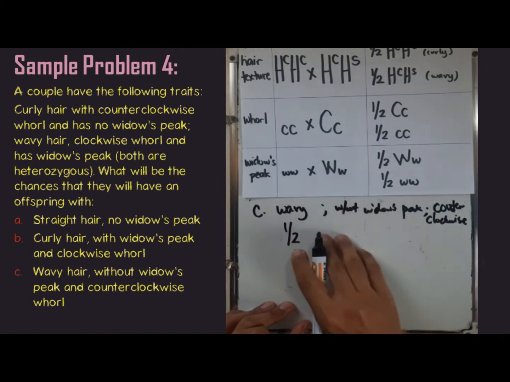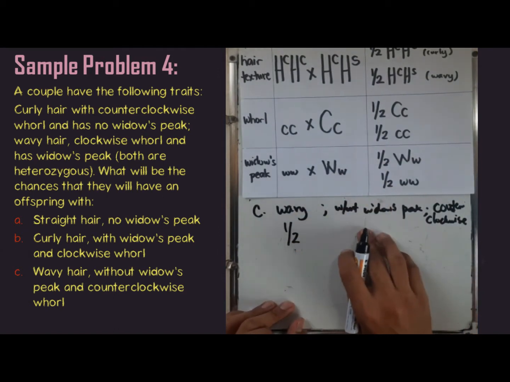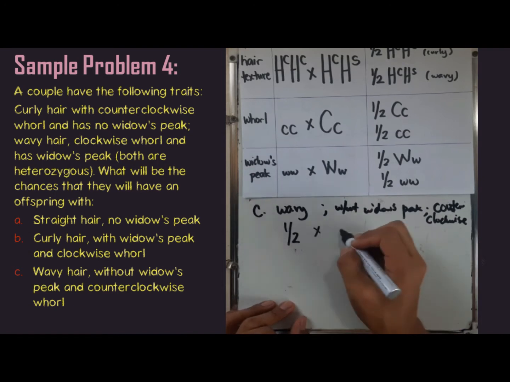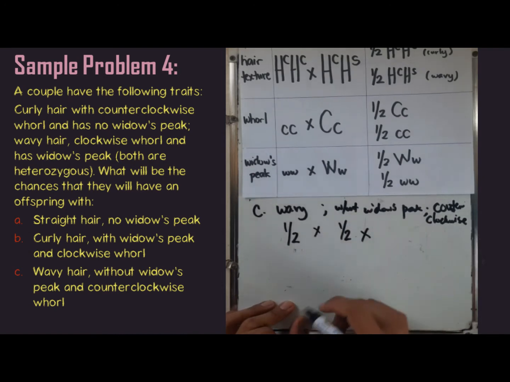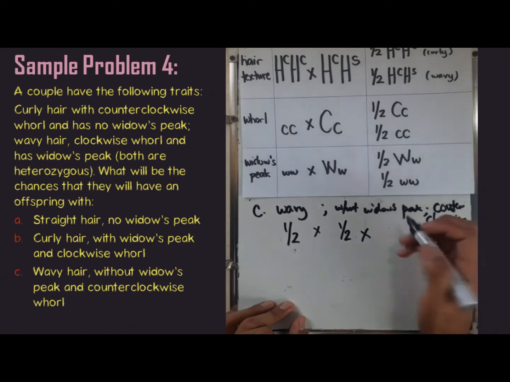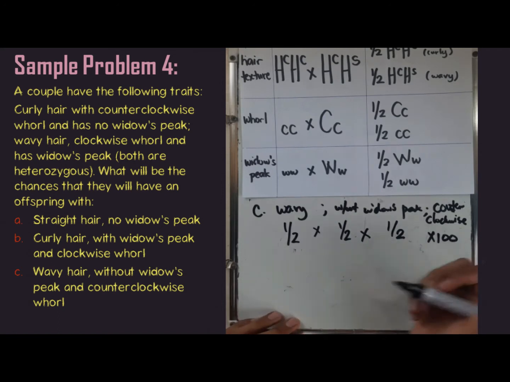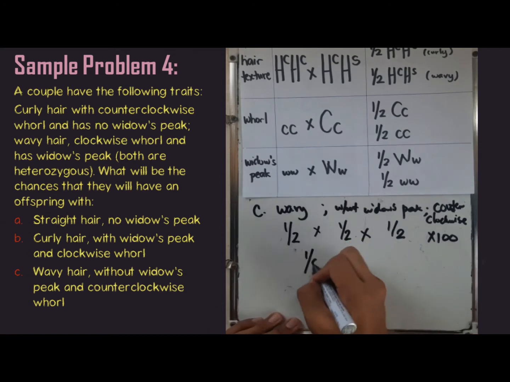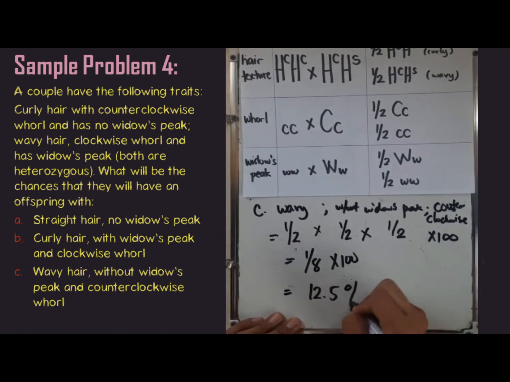Then the absence of widow's peak is also equivalent to 1/2. And the presence of counterclockwise whorl is also equivalent to 1/2. Then we're going to multiply these values with 100, and we arrive at 1/8 times 100, which is equivalent to 12.5%.